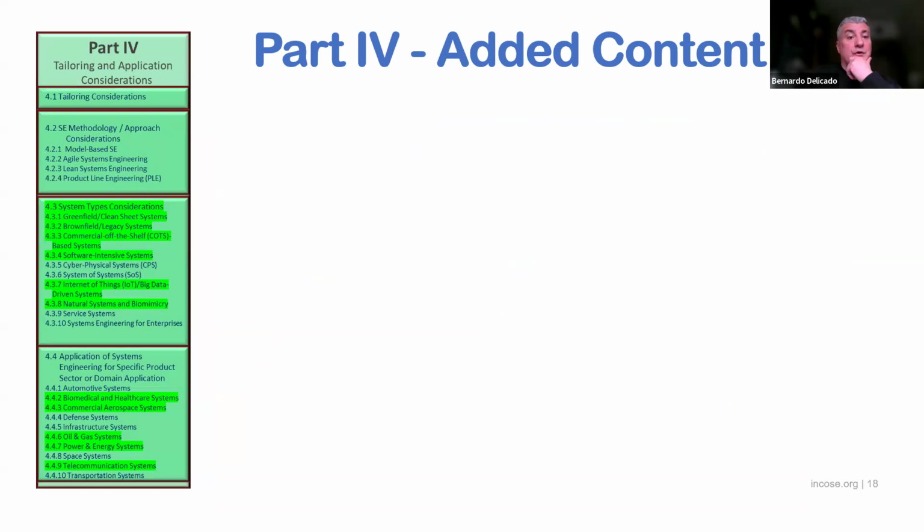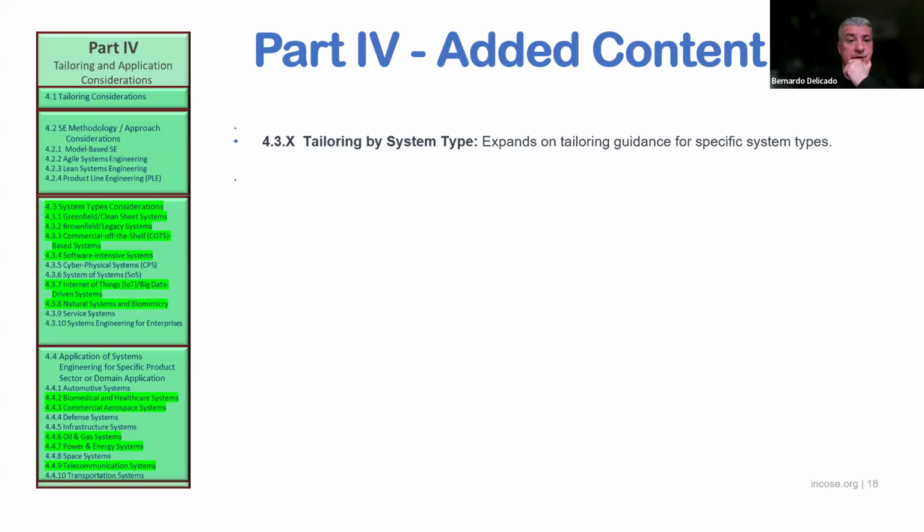We move to part 4. In this part, we have all those sessions 4.3x focused on tailoring, and we have those by system type, you know, that span tailoring guidance for specific system types.